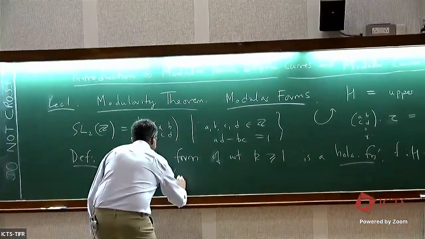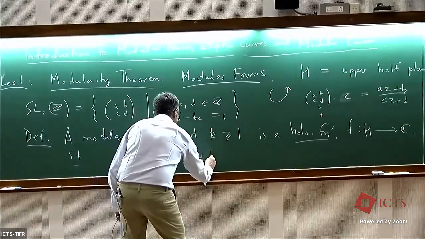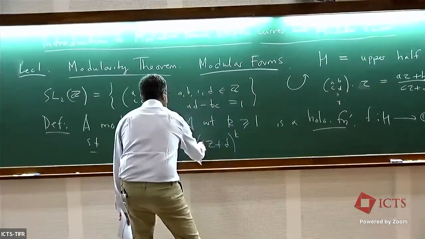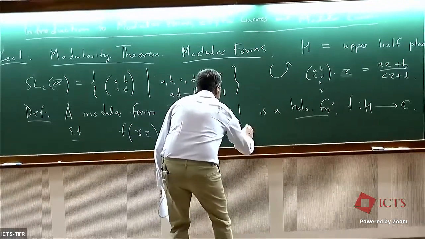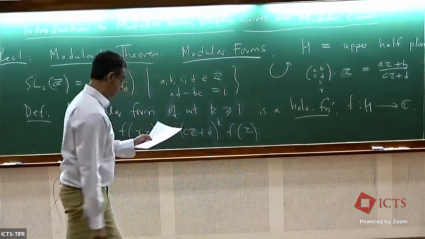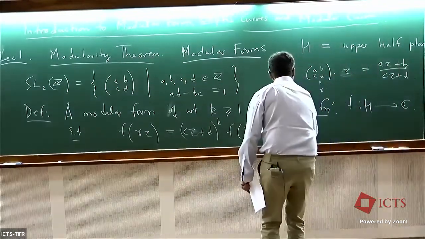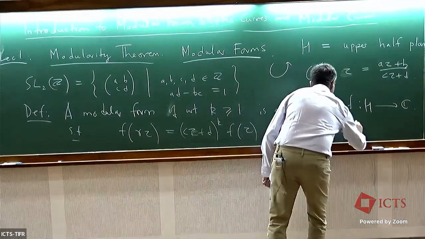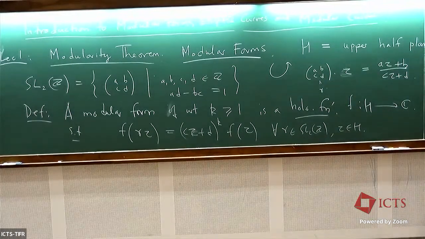They differ by an automorphy factor, which depends on this parameter k. So the values differ by (c tau plus d) to the k times f of tau, for all gamma belonging to SL2Z, tau belonging to the upper half plane. And also f is holomorphic at infinity.